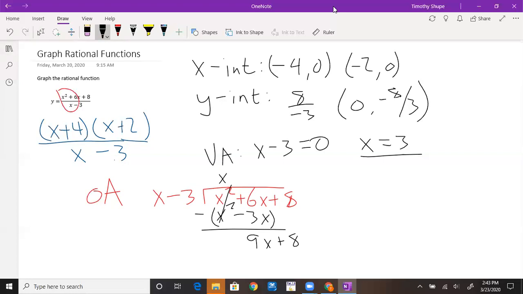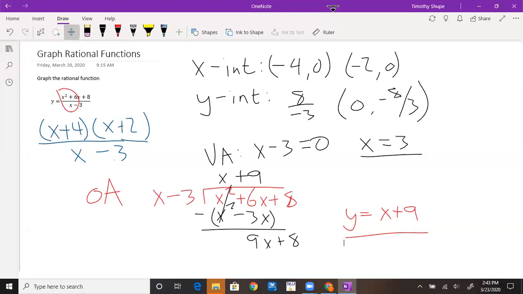Next thing I do is x into 9x gives me a plus 9. And at that point, I've got my linear function, so my oblique asymptote here is going to end up being y equals x plus 9, what we got off the division.